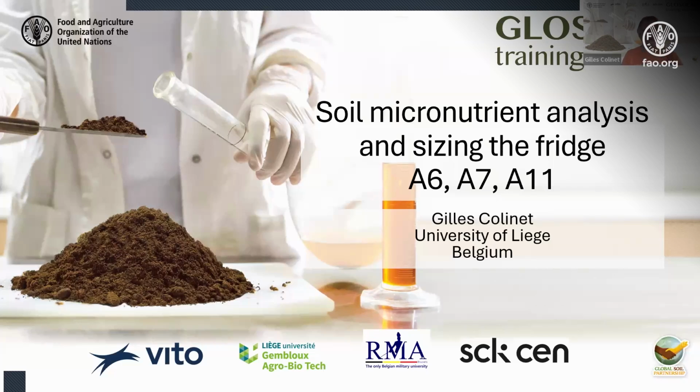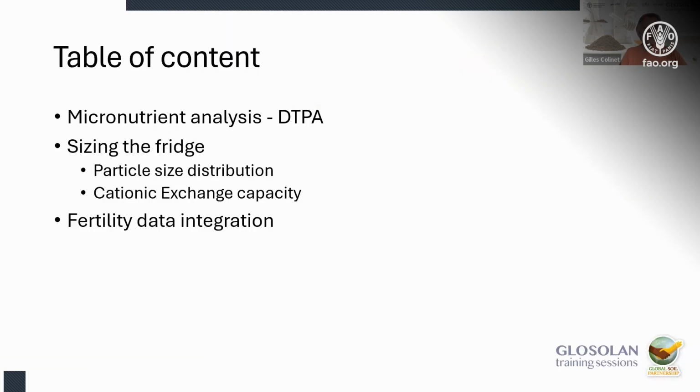Okay. So here is the second session of the day about, as you said, the soil micronutrient analysis and sizing the fridge, in reference to the cationic exchange capacity viewed as a fridge for the soils. So regarding the micronutrient analysis, we followed the DTPA extraction, which is the SOP from the FAO.